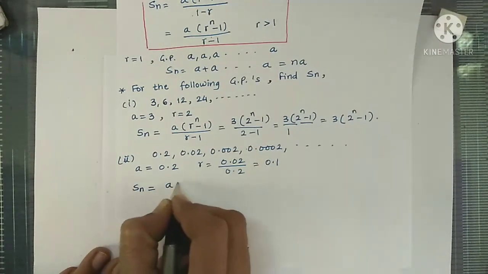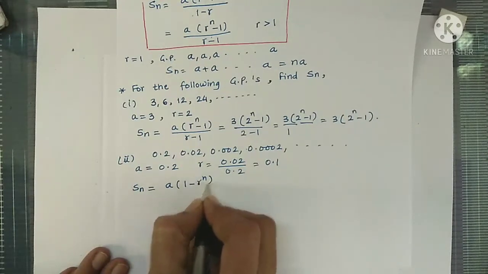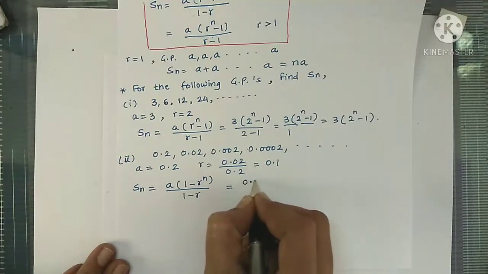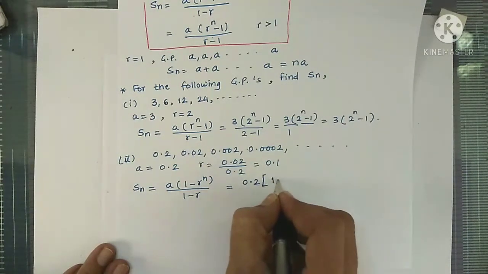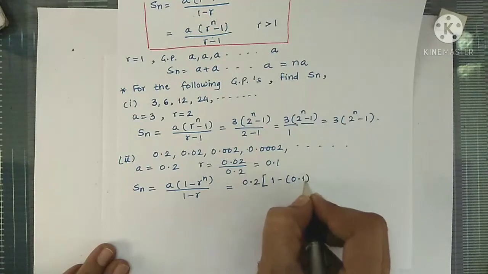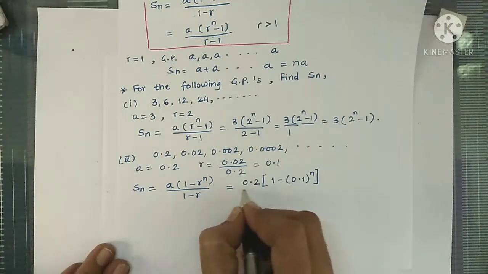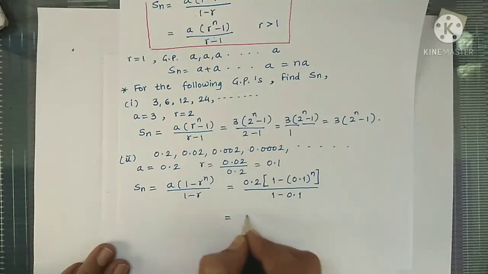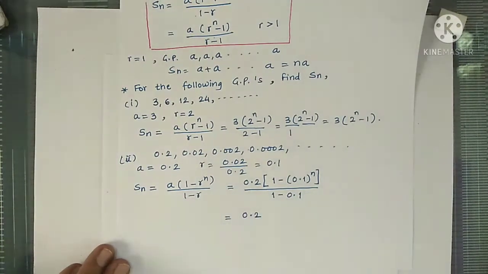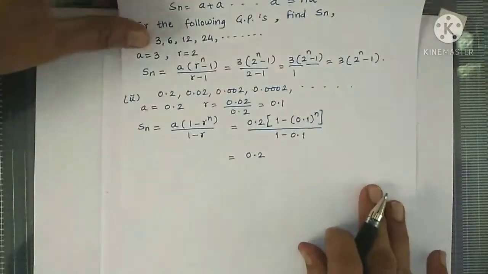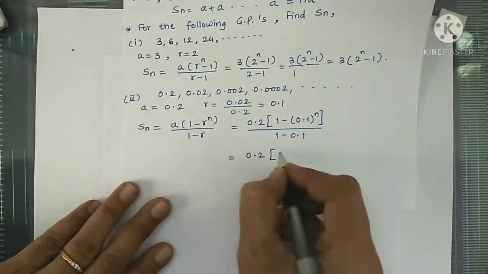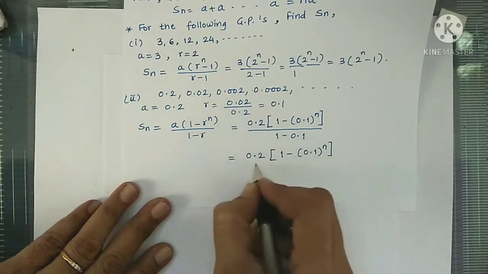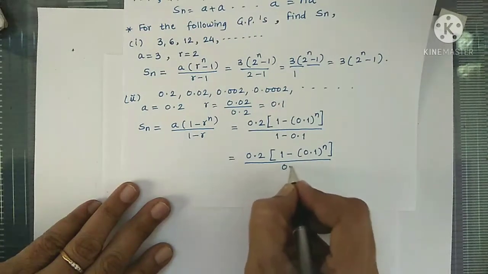Sn is A into 1 minus R raised to n upon 1 minus R. Now A is 0.2, 1 minus R raised to n, where R is 0.1, divided by 1 minus R, that is 1 minus 0.1. So that is 0.2 into 1 minus 0.1 raised to n divided by 0.9.